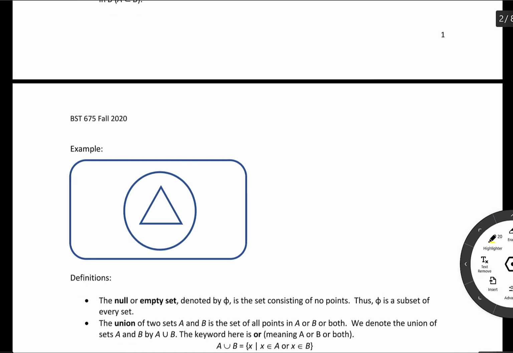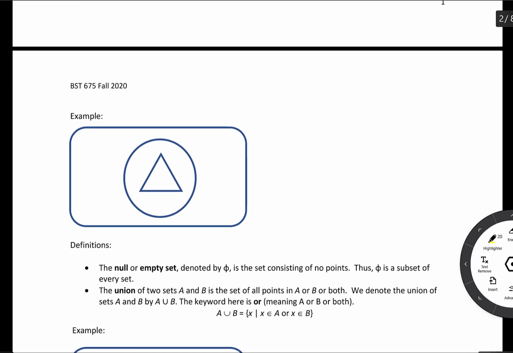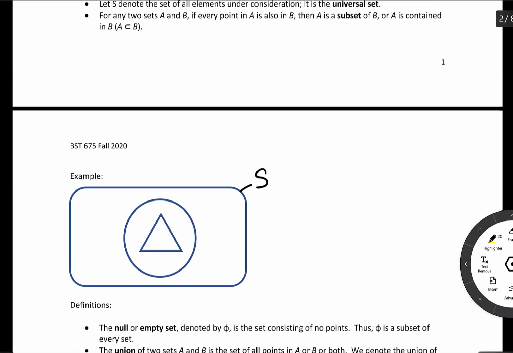Now, in order to help visualize these, we're going to look at some Venn diagrams. So I've got one here. We need to first draw a symbol that represents that universal set, or S. And typically we use a large rectangle to do that. And then here I've got 2 different shapes. I've got a circle and a triangle, and I'm going to use those to denote my sets A and B. So here we're going to let B be the circle and A be the triangle.